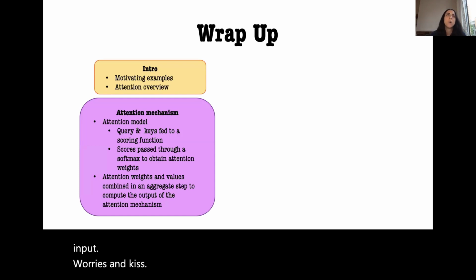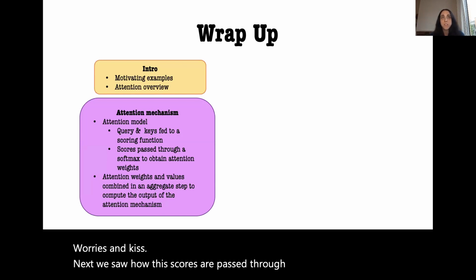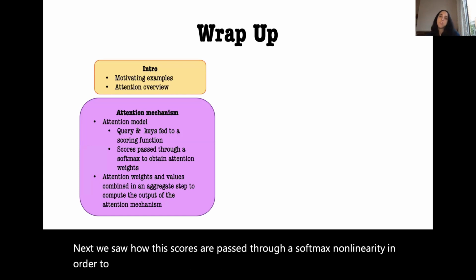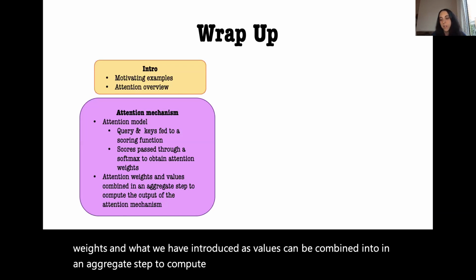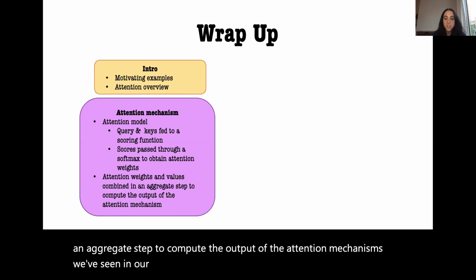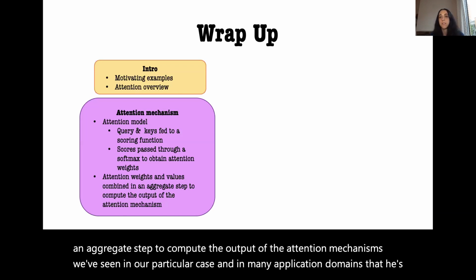Then we saw how these scores are passed through a softmax nonlinearity in order to obtain the attention weights. And then we saw how these attention weights and what we have introduced as values can be combined in an aggregate step to compute the output of the attention mechanism. We've seen in our particular case and in many application domains that keys and values can be the same.